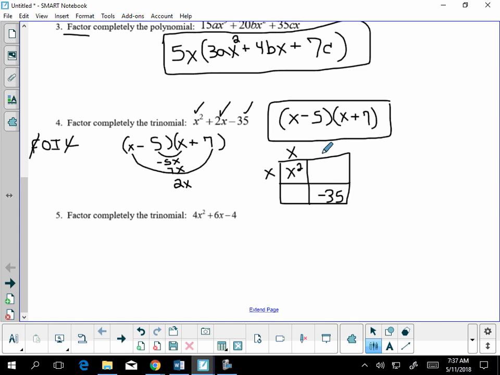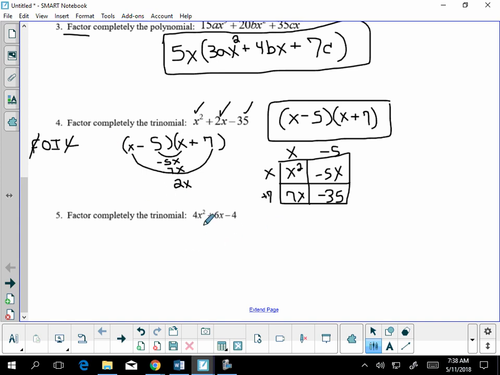Negative 35 could be negative 5, positive 7. That would give you 7x, negative 5x. If you combine your like terms, that would give you 2x. If for some reason you had switched your signs and had a positive and a negative, you would have a negative 2x. You would just know that you needed to switch them. Either way will work. I usually stick with the reverse foiling.